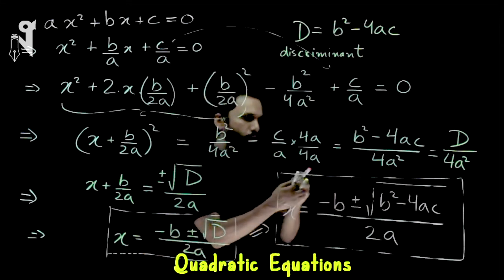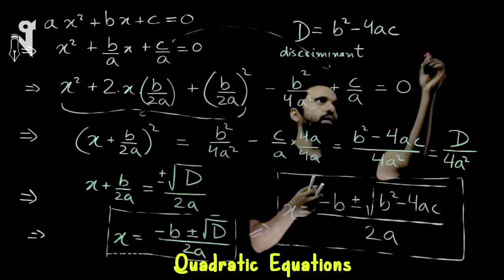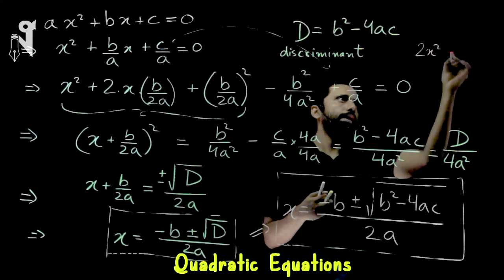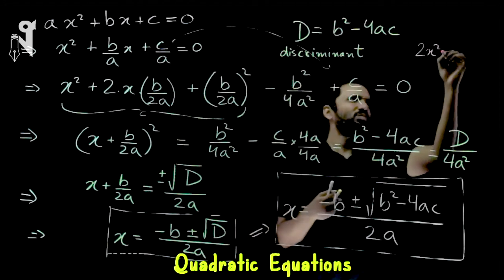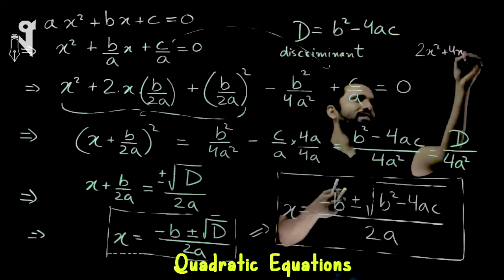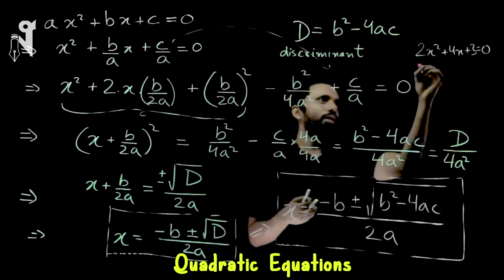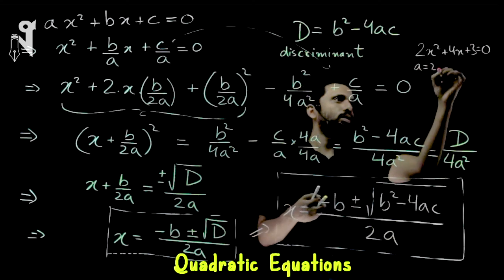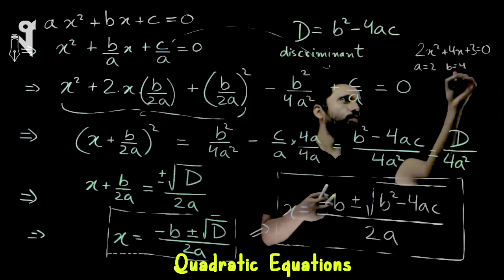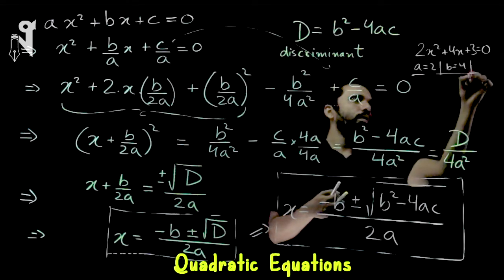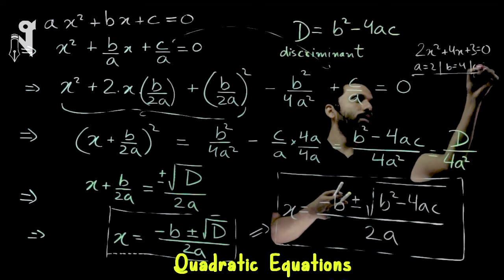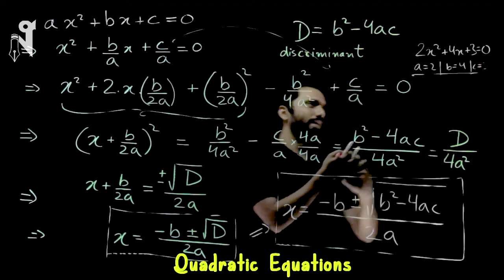So I'll just cross verify. The case which we had earlier was 2x square plus 4x plus 3 equal to 0. Here your a is equal to 2, your b is equal to 4, and your c is equal to 3. So what's my discriminant?